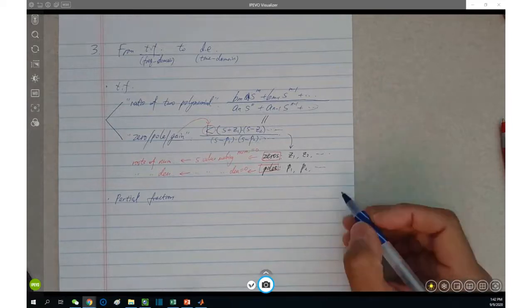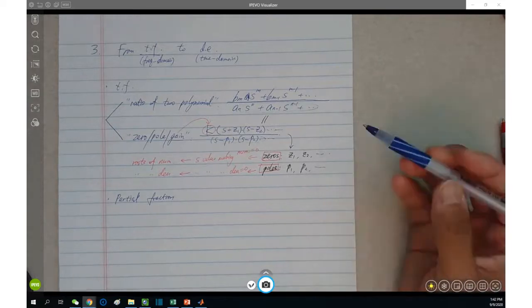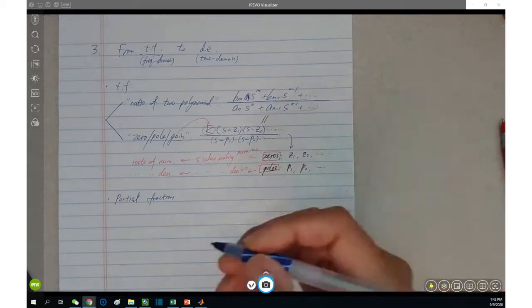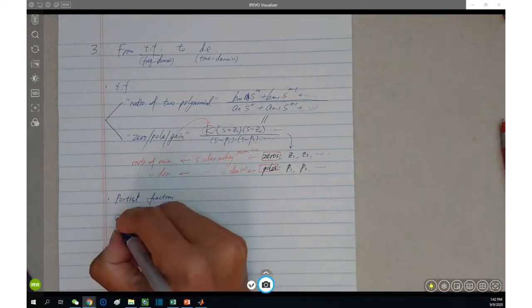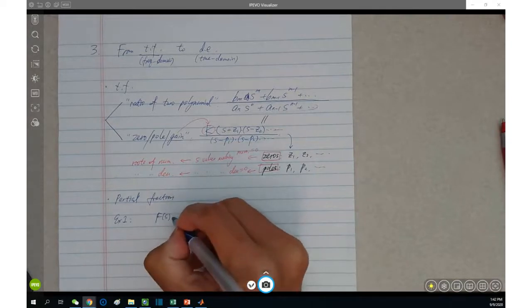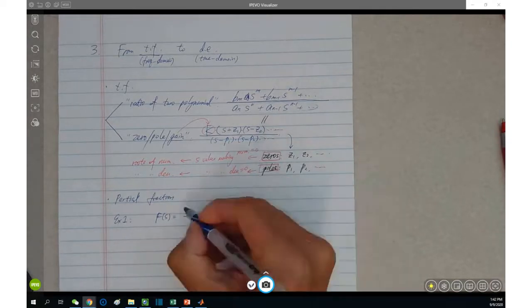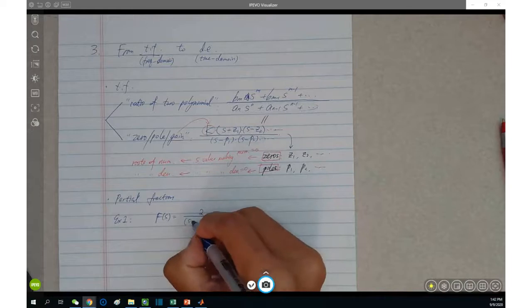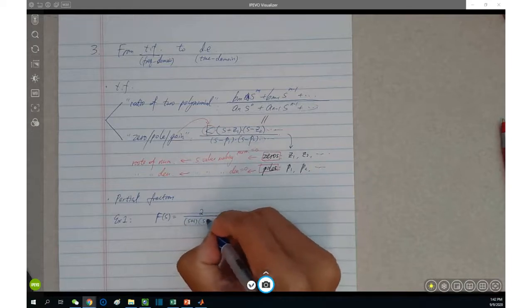And partial fraction, since basically everybody knows what it means, let's just do a couple of examples here as review. Nothing is better than examples as review. Very simple.